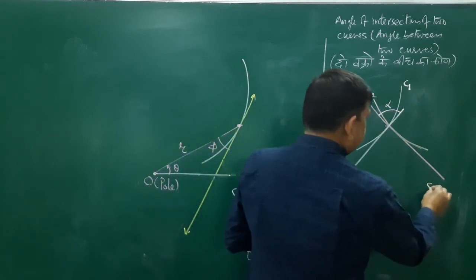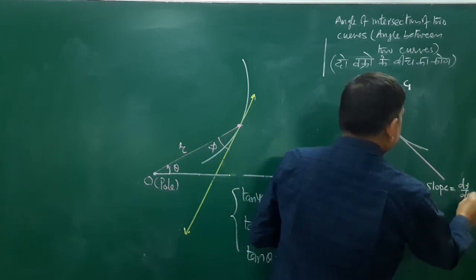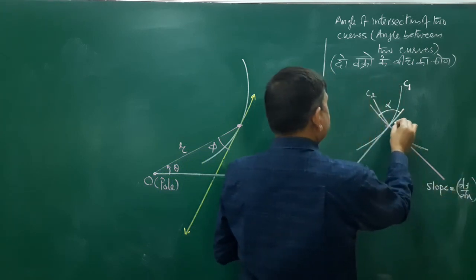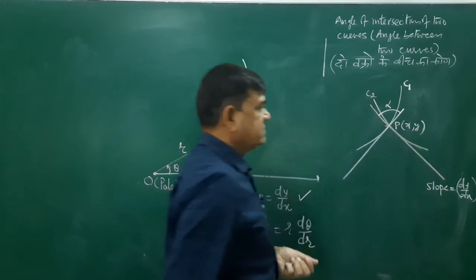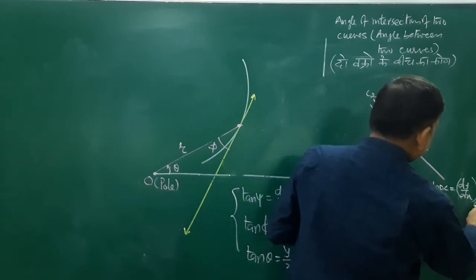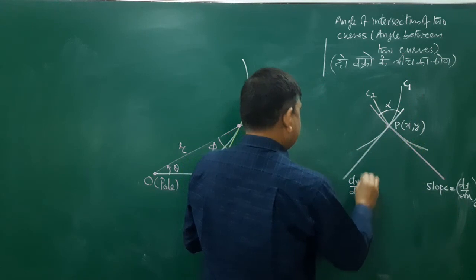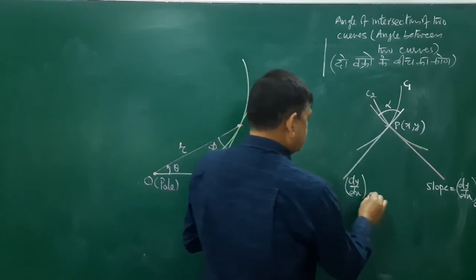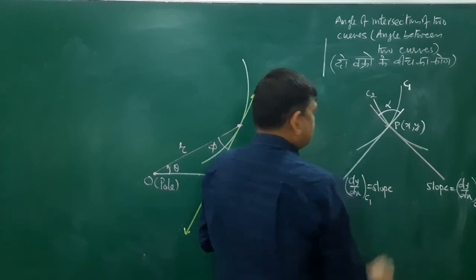So its slope, that is dy by dx. This point is P, coordinates x comma y. So dy by dx of C2, second curve, and this is dy by dx of C1, that is slope.